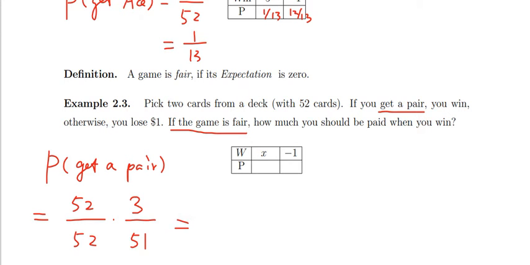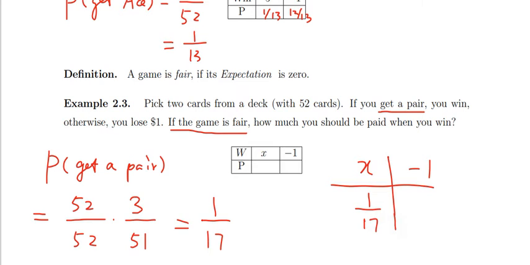So this equals 1/17. When you win, the probability is 1/17. So the probability you will lose is 16/17, right? So balanced, we find x should be 16.